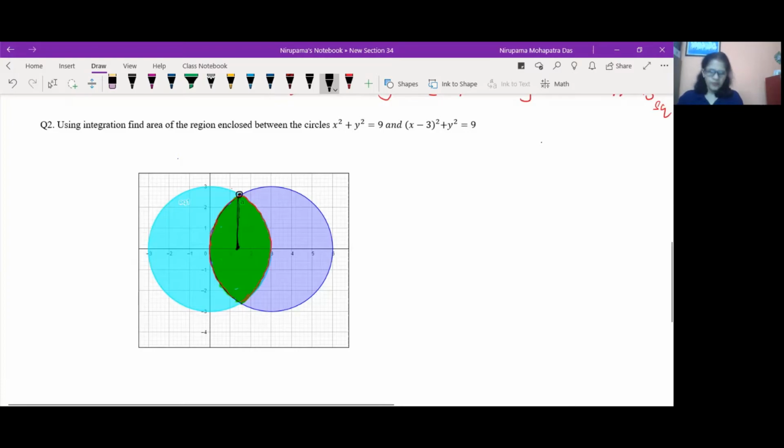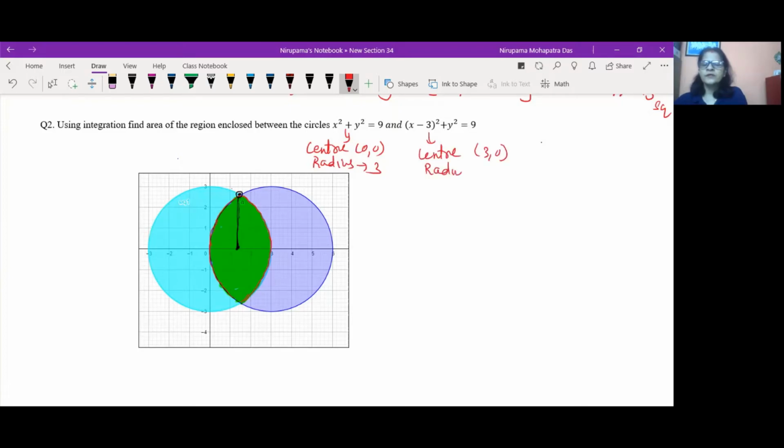Using integration, find the area of the region enclosed between the circles x square plus y square equal to 9 and (x minus 3) whole square plus y square equal to 9. Here, if you see this circle, the center is at (0, 0) and the radius is 3 units, and here the center is at (3, 0), right?